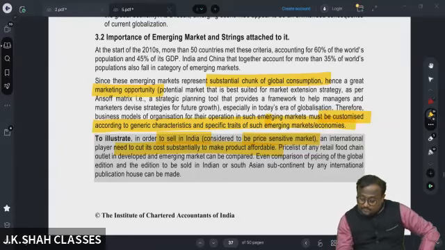Okay, every comparison of the pricing of global edition and edition to be sold in India and South Indian subcontinent by any international publication house can be made.